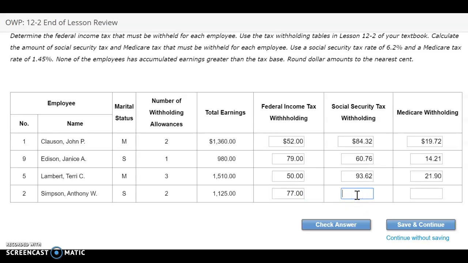And then Social Security, I'm going to calculate again. So 1,125 times 0.062 is going to give me 69.75. And then my Medicare withholding is 1,125 times 0.0145 to give me 16.3125. So if I'm rounding, the 2 makes it go down, so 31 cents.